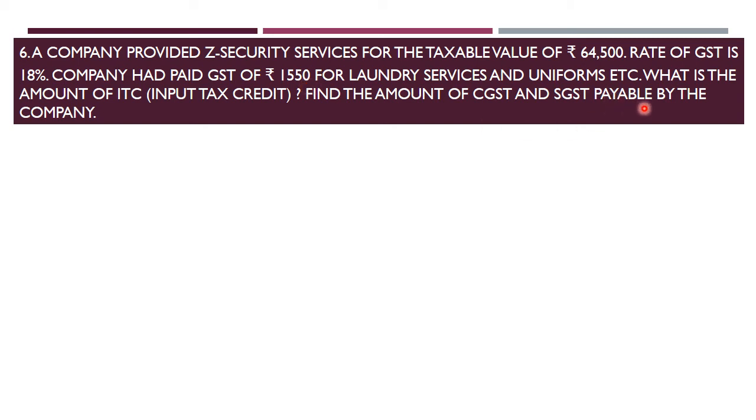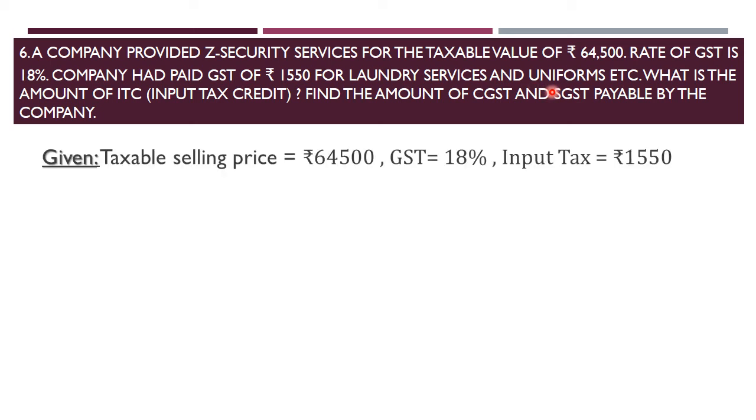So when you have the payable term attached, first you find GST payable by finding difference between output tax and input tax credit, and then divide it into two to find CGST payable and SGST payable. So first the given details. Taxable selling price of the security services is rupees 64,500.